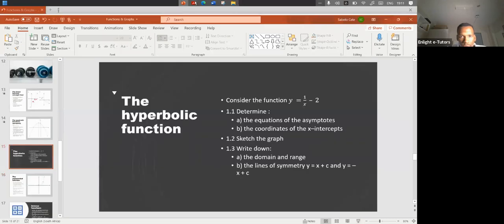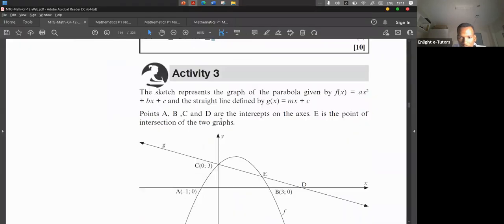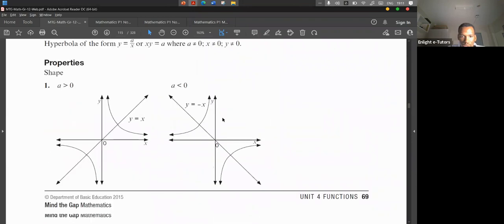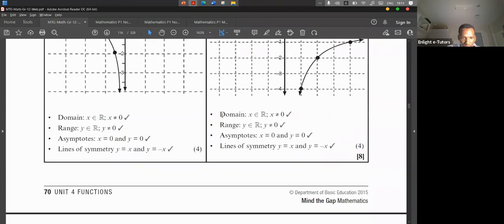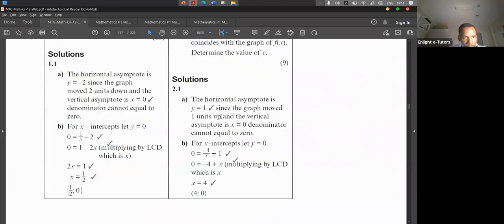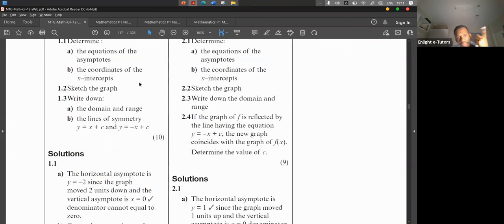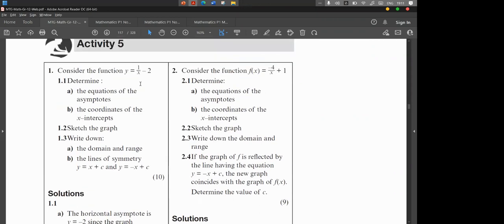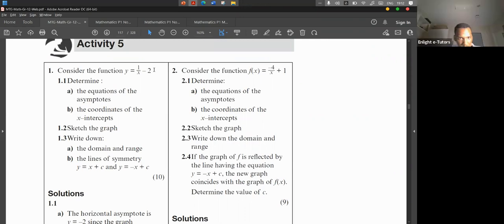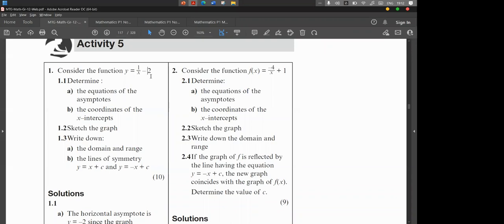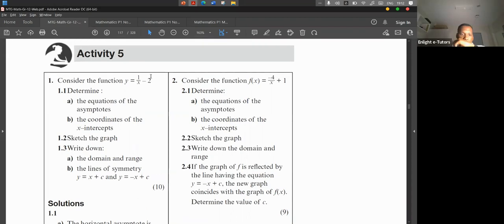Let me do it like this so that you would understand also. Determine the equation of the asymptotes. Oh, you want to try it first?